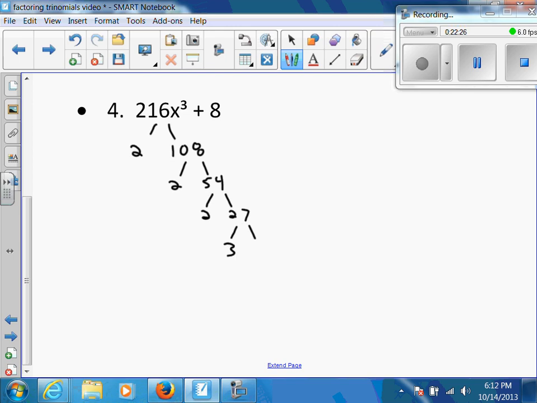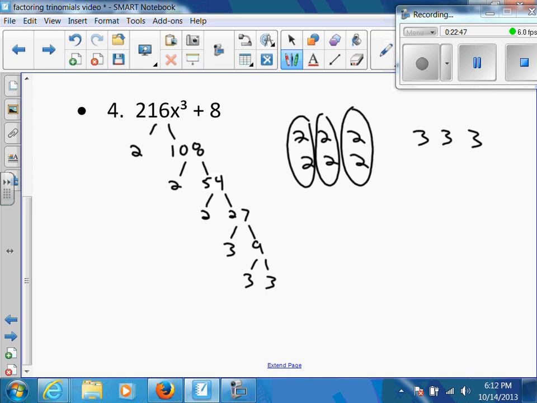So I need to make my product factorization. 2, 2, 2, 3, 3, 3. And 8 is 2, 2, 2. What's the same? Now 2, 2, and a 2. So 2 times 2 times 2 is 8. So let's take the 8 out. What's left? 3 times 3 times 3 is 27.